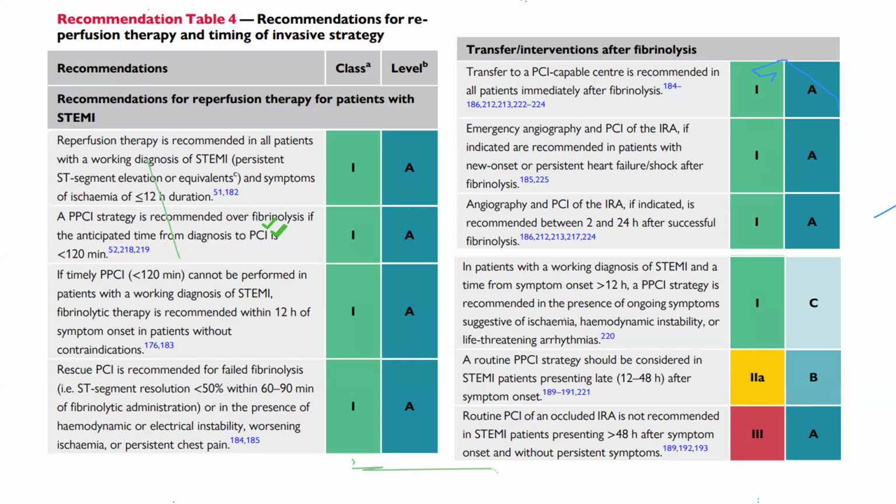What we have noticed in our center is that for those who usually come beyond 12 hours, specifically 24 to 48 hours, though the guideline is a 2A, we seem not to get relatively good outcomes for such patients, even though the recommendation gives you room to go in within 48 hours.